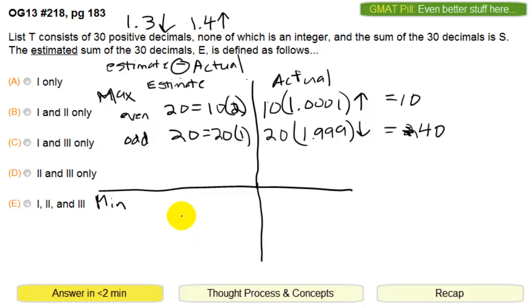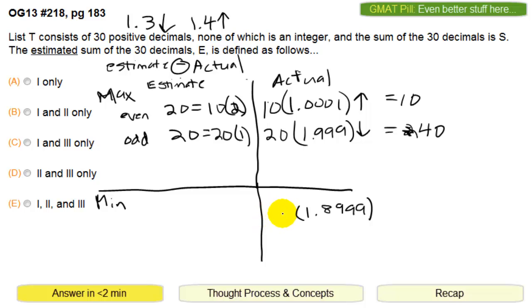We have to do the same for the minimum. When do you get the least difference? That's when you're so close to 2, but you still satisfy the even requirement. 9 is obviously odd. The highest even number is 8. But when you round it up to 9, you get the least benefit when you get something like 1.899.